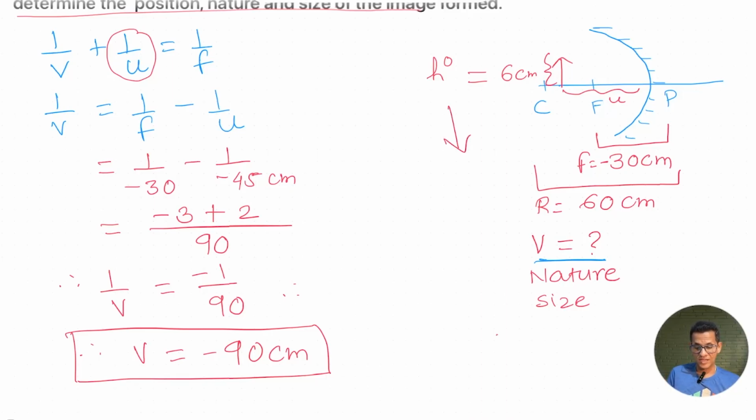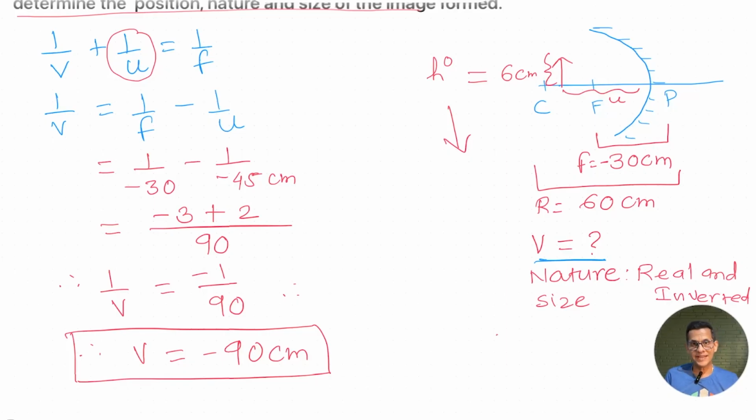Because the value of V is negative, we know that it is formed on the left hand side, which also tells us that the nature of the image is real and inverted. Real and inverted, because in mirrors, real and inverted images are formed in front of the mirror, whereas virtual and erect images are formed behind the mirror.